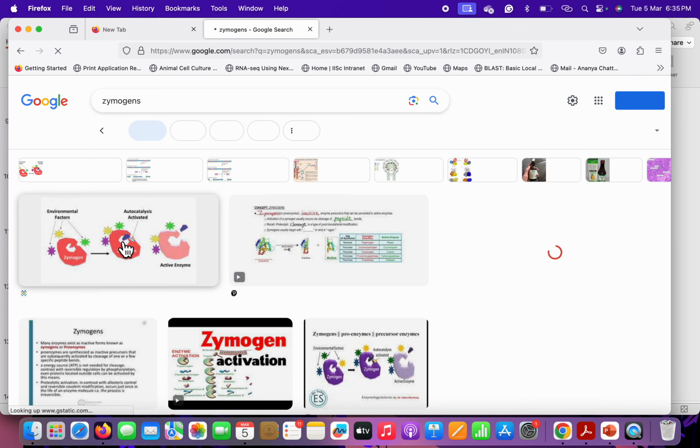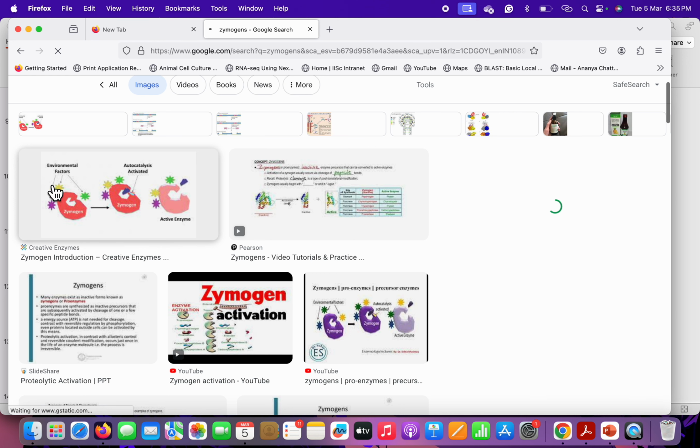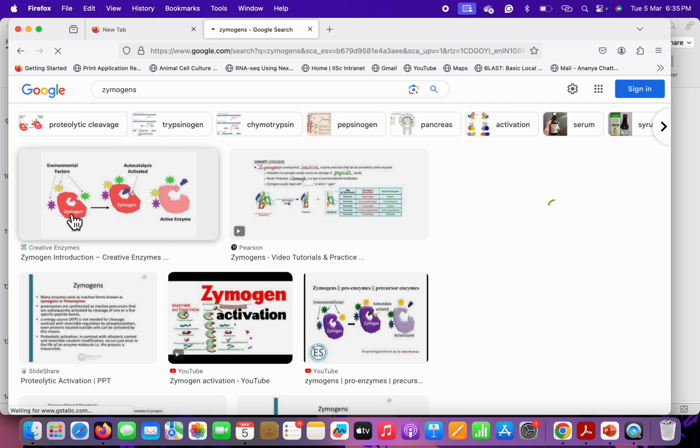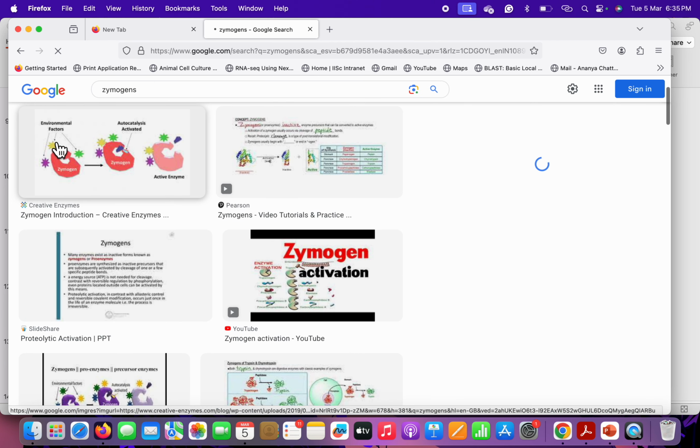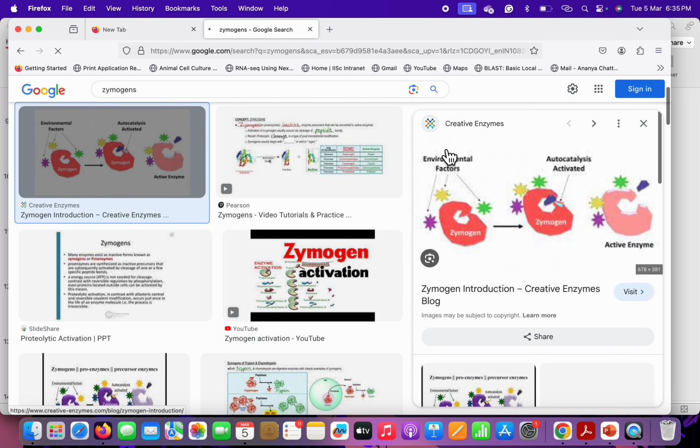Anyways, you can see this is a protein, or you can say an enzyme, which is not active. Different environmental factors come into play, and then either it is getting clipped or some autocatalytic activation is happening. Some part of the protein is activated, some bond formation is happening inside.